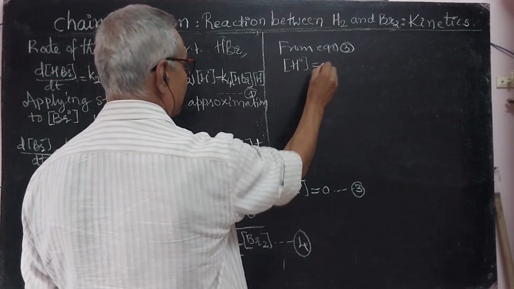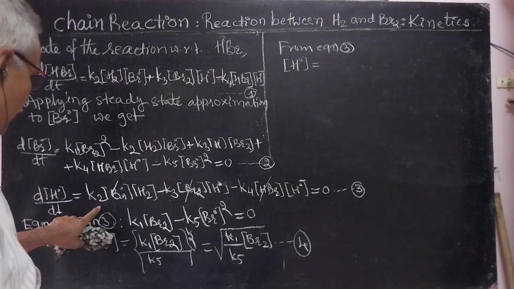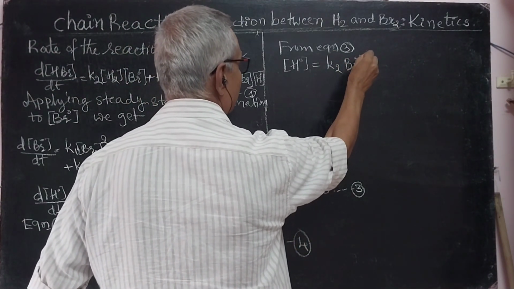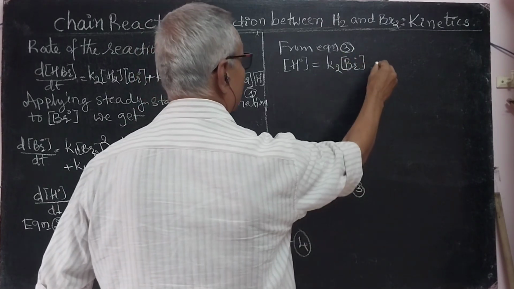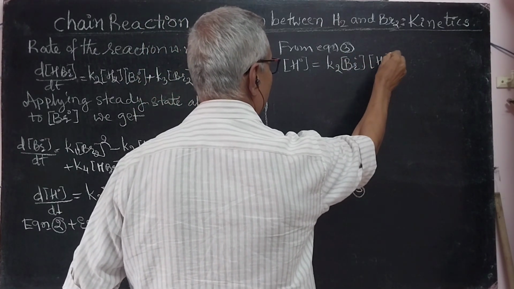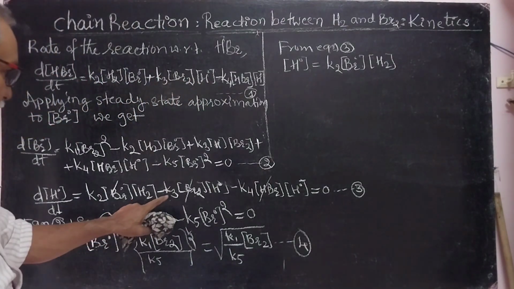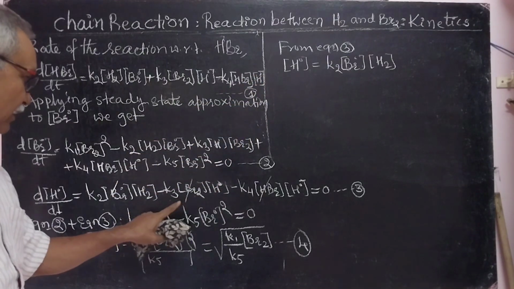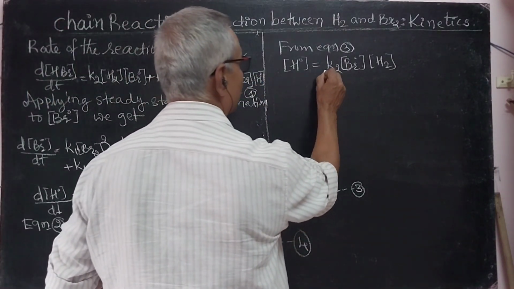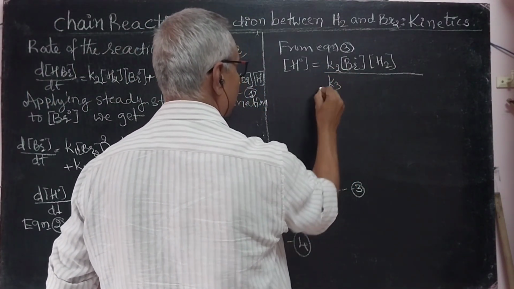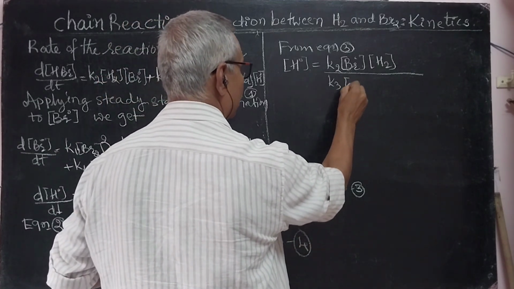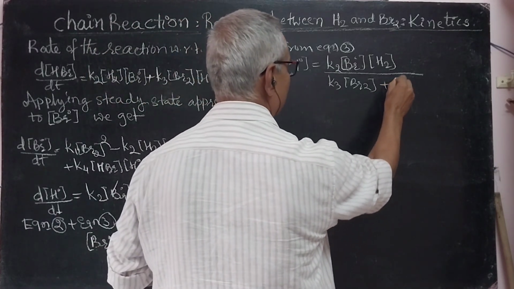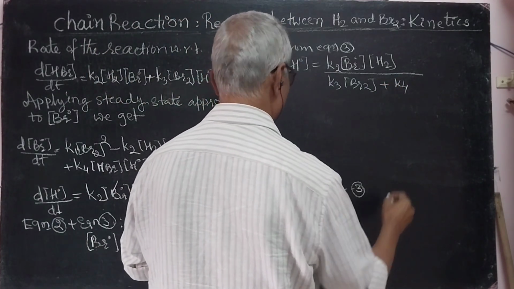That is, the concentration of H dot is equal to K2 Br dot into H2 divided by, minus becomes plus, H dot taken common this side, K3 Br2 plus K4 HBr.